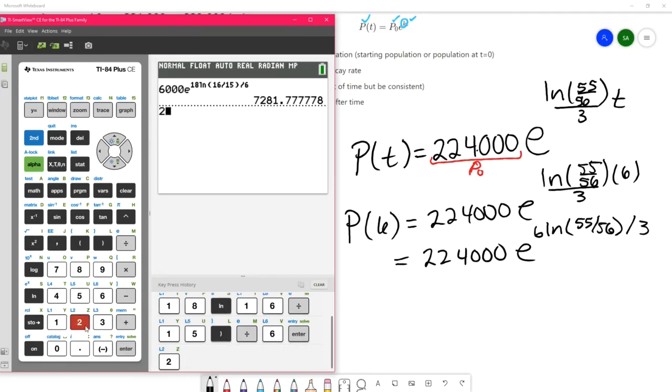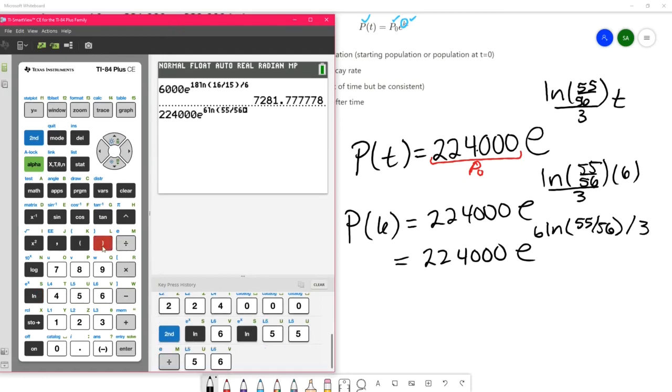Now these are very large numbers, so you definitely don't want to do any rounding earlier in the problem with such large numbers. So we need our e in the exponent. 6 natural log of 55 over 56 over 3.